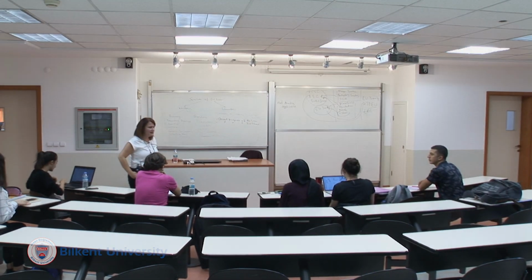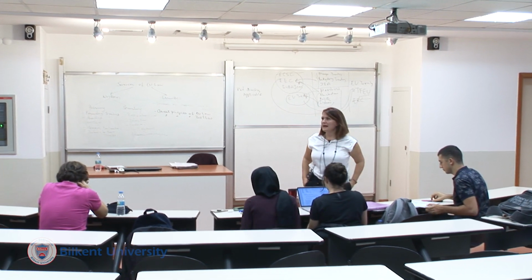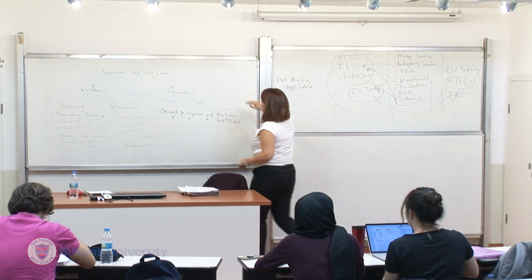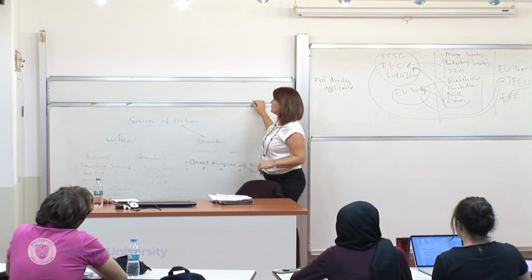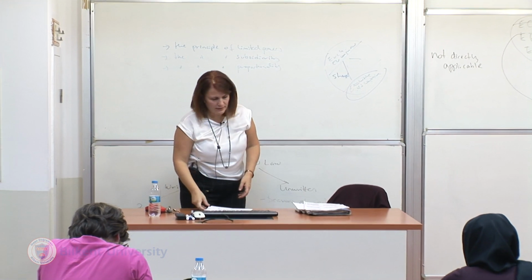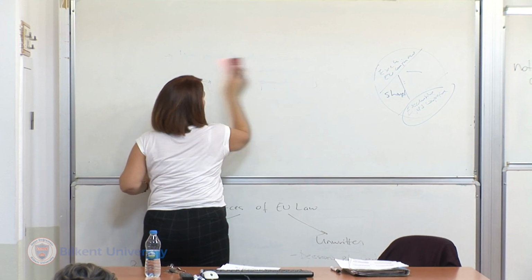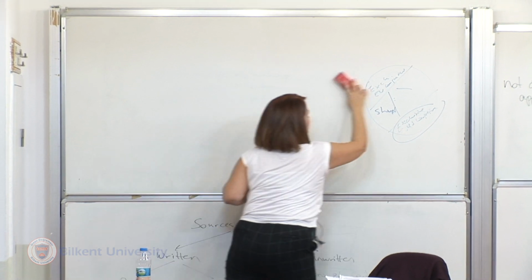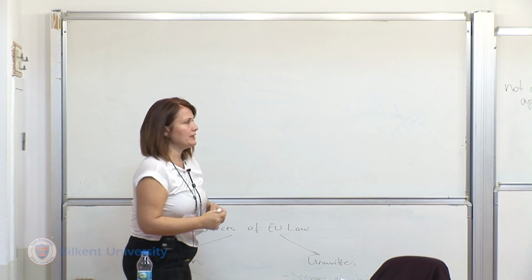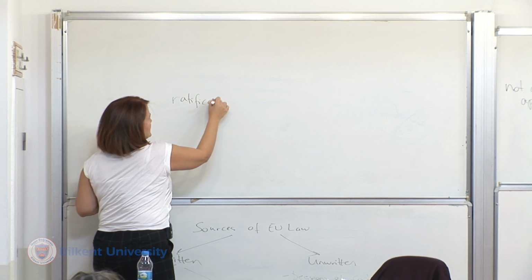The second characteristic of the founding treaties is that they are not directly applicable. What do we mean with that? We mean that they require ratification. The sources of European Union law, the written sources, which are not directly applicable, require ratification.